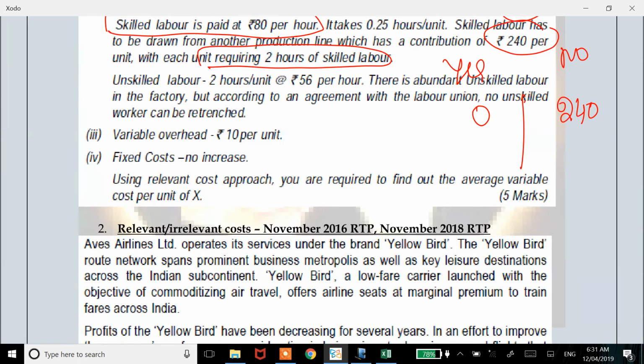If they are earning that 240, when I come to this audit, I would want them to earn the same 240, without considering the concept of labor cost, because labor is something which is going to be paid in both scenarios. But unfortunately, sometimes when they give the contribution, they deduct the labor, because the term contribution normally means deducting all variable costs. So here it is not very clear.